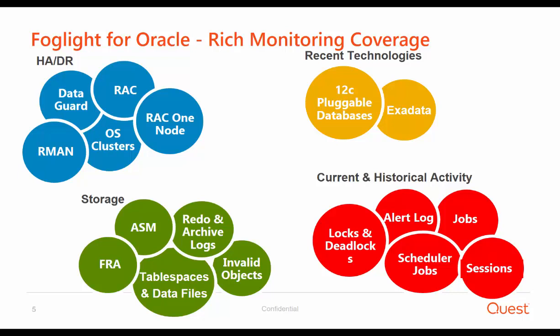For example, here we can see in Oracle all the different aspects of high availability and disaster recovery solutions which are being monitored, such as DataGuard, Real Application Clusters, RMAN, etc. We also cover different storage aspects, including Automatic Storage Management, fast recovery area, redo logs, tablespaces and data files, and of course objects. We support the 12c multitenant architecture and Exadata, so we're up to date with the recent technologies from both current and historical standpoints.